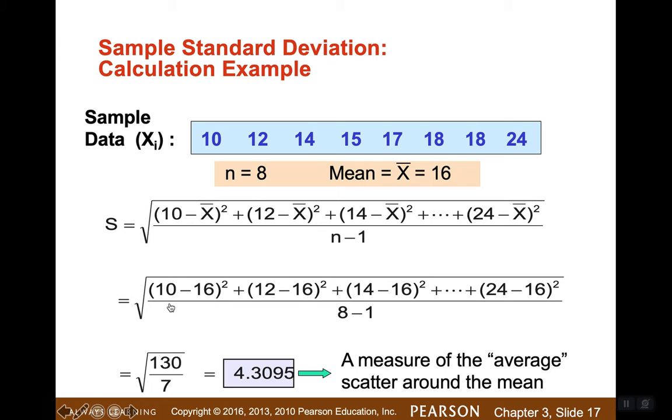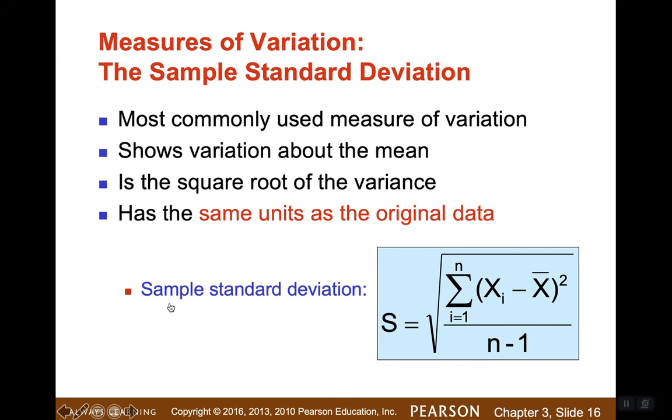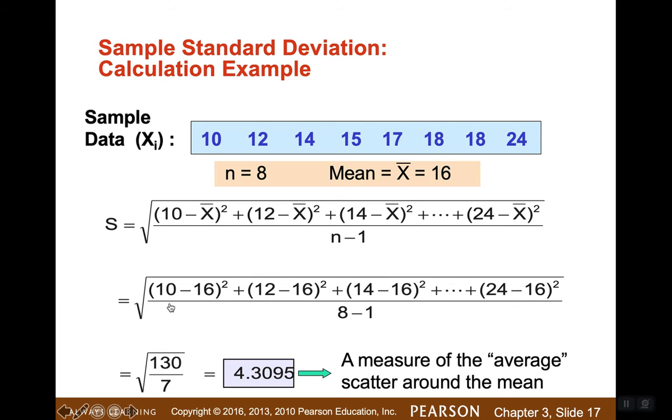At first glance, the formula looks more imposing than it actually is. It's pretty straightforward. We simply take our sample data, and for each value, we subtract it from the mean, square it, sum everything together, divide by n minus 1, and then take the square root.